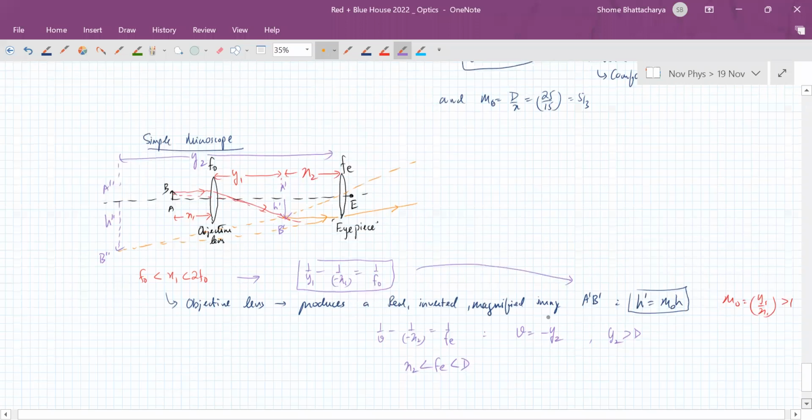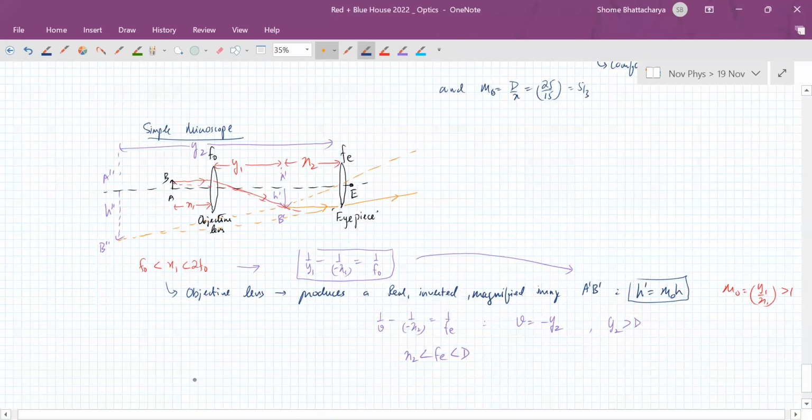So now this image A prime B prime becomes the object for the eyepiece, which produces a virtual, upright and magnified image, A double prime B double prime. That is the final image seen by the eye.